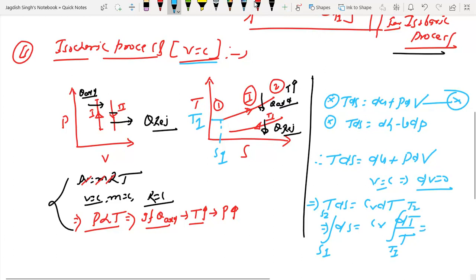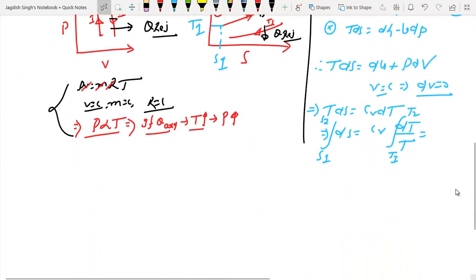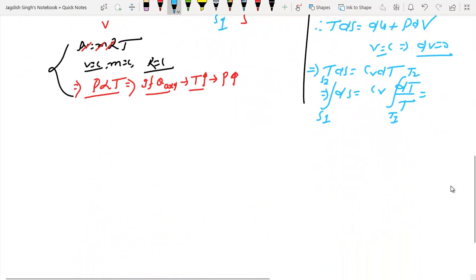This is equal to del S is equal to Cv ln T2 by T1, right? Cv ln T2 by T1.